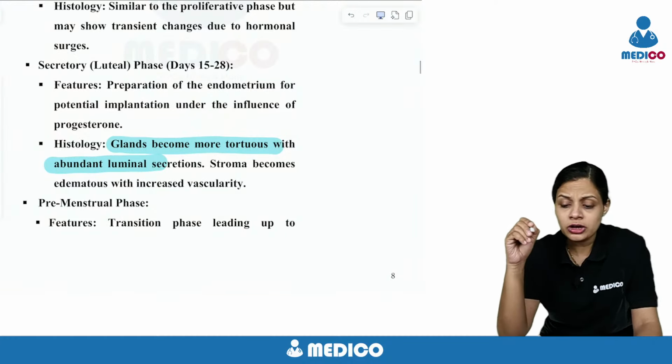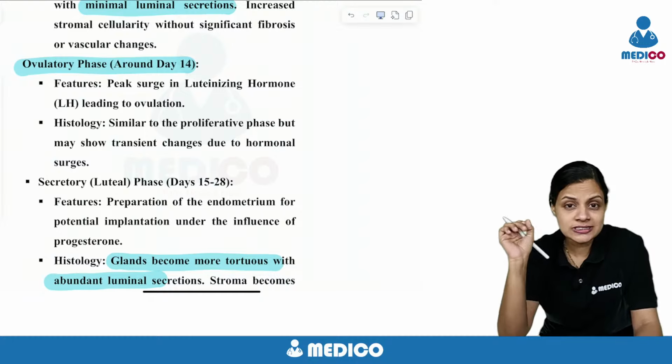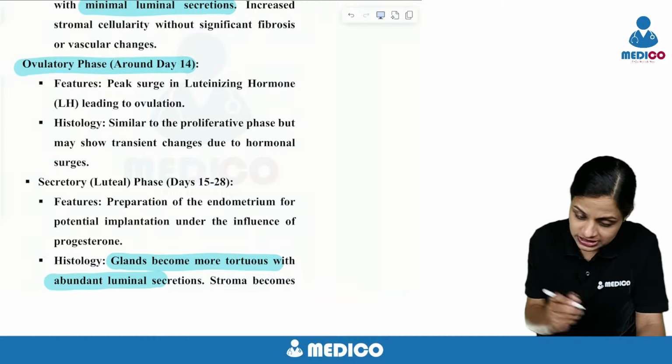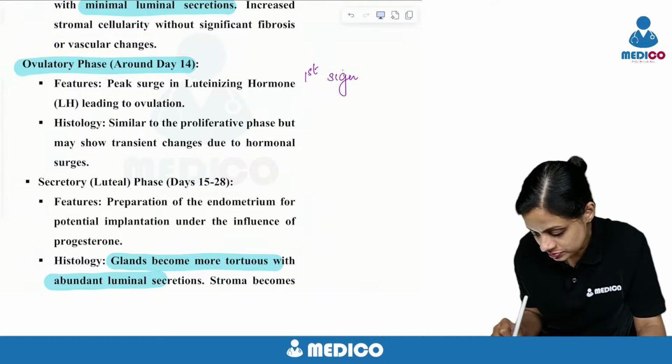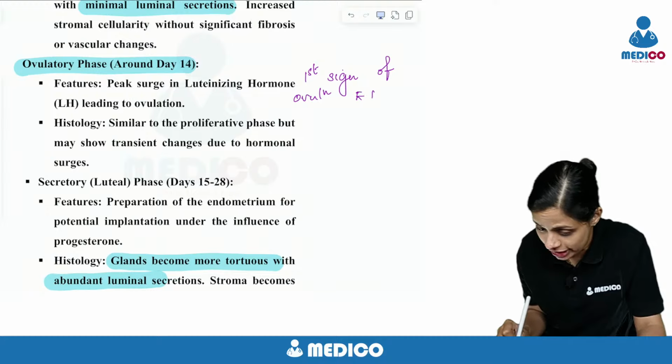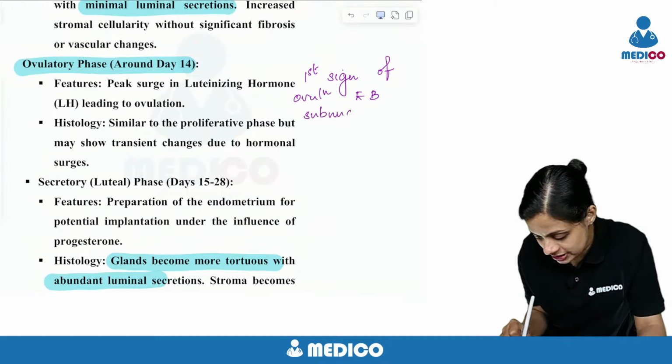Alright. So, a couple of things you need to know about the ovulatory phase. What is the first sign of ovulation? The first sign of ovulation that you can see on endometrial biopsy is subnuclear vacuolation.